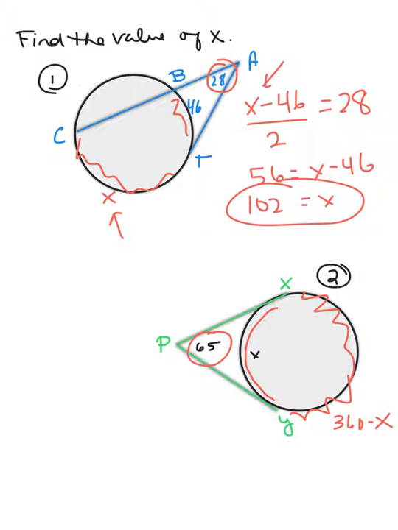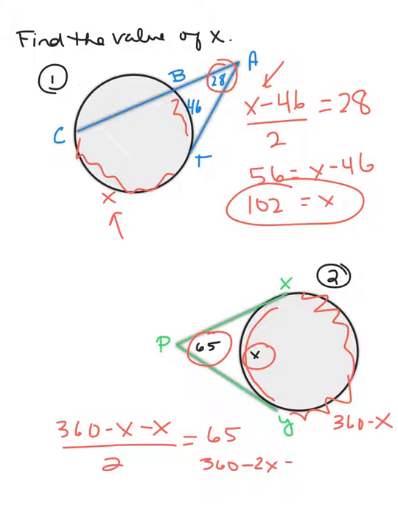I'm going to take my intercepted arc that is farthest from my angle, which is 360 minus x, and then subtract this x, my other intercepted arc, divide by 2, and that gives me 65. When I clean things up and cross multiply, I have 360 minus 2x is equal to 130. So negative 2x is equal to negative 230.